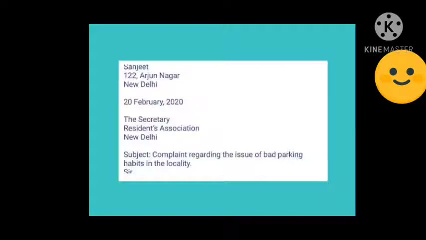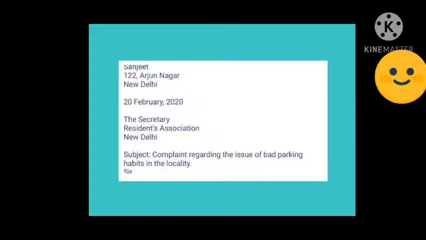1.5 line space, and begin the date. You can write the date as mentioned here, 20 February 2020. You can also write February 20, 2020.